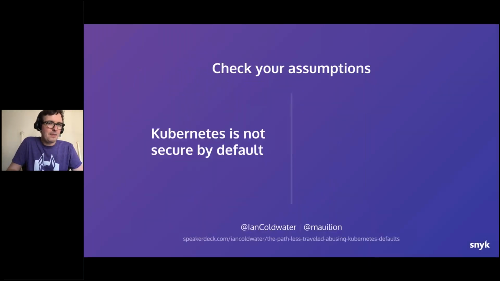And ultimately, there's an assumption here that you really need to question. Stealing the check your assumptions phrase from Ian Coldwater and the presentation they've done a few times called The Path Less Traveled: Kubernetes is not secure by default.